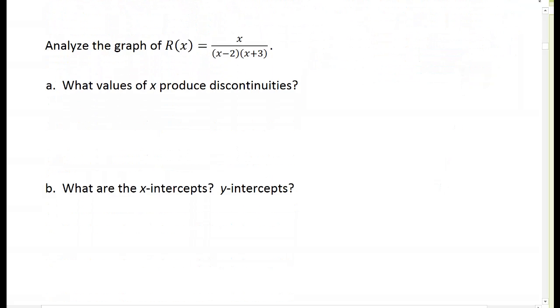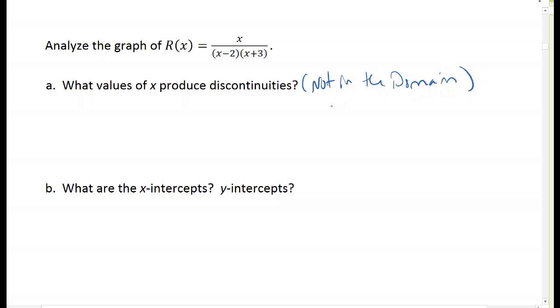So here's a rational function, which I've factored the denominator of because it's easier to find the division by 0 when it's factored. I factored the denominator into x minus 2 times x plus 3, so it's a quadratic. What x values produce discontinuity? These are the values not in the domain.